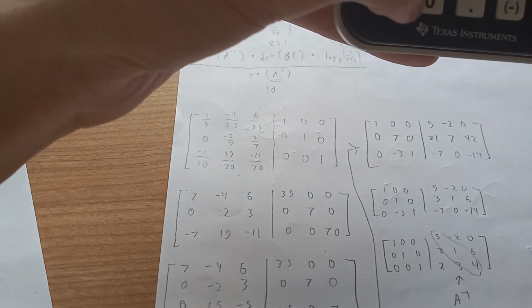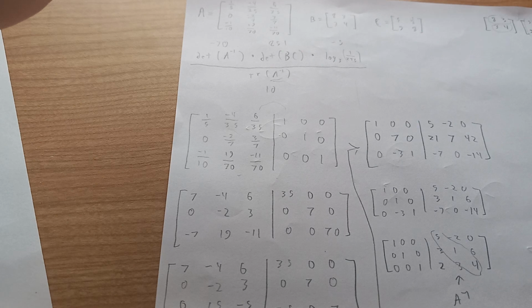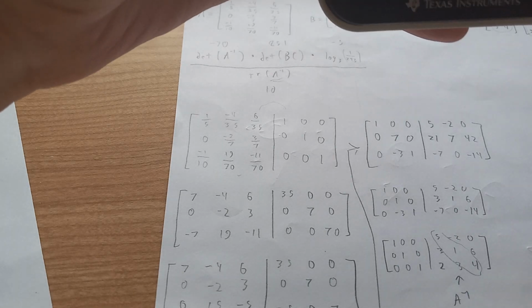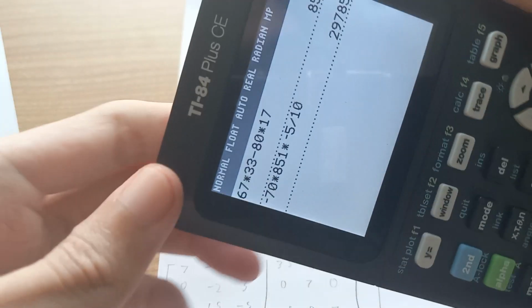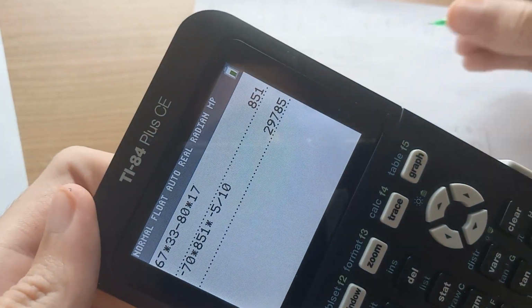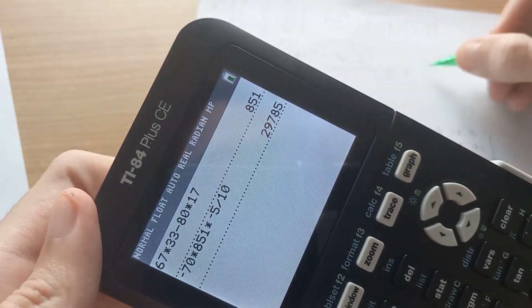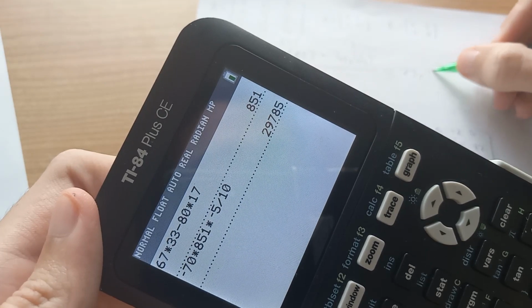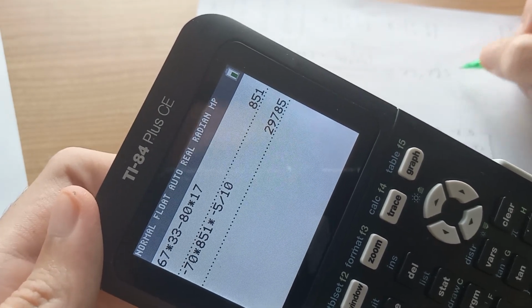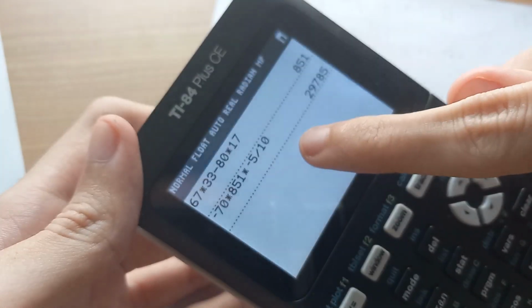Negative 70 times 851 times negative 5 divided by 10 equals 297,5.